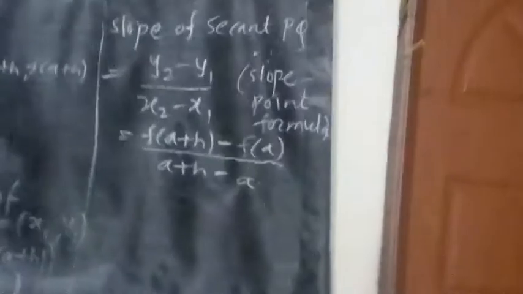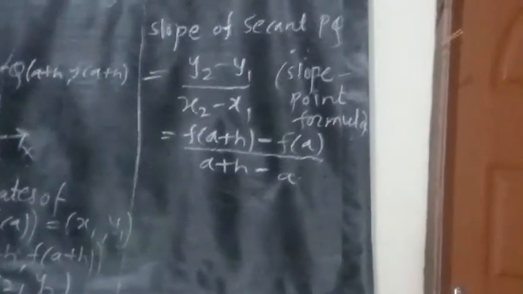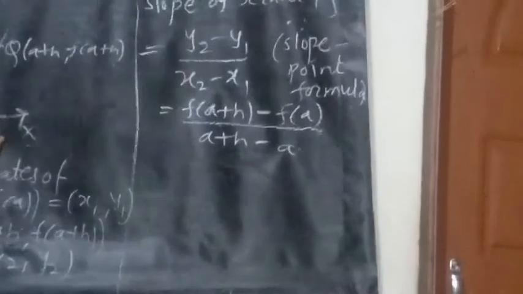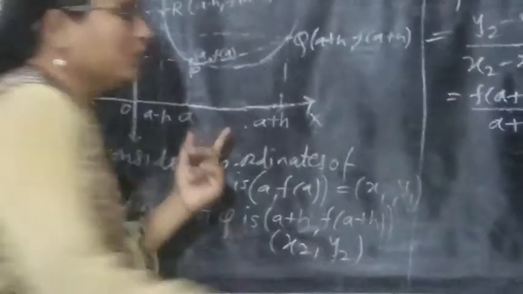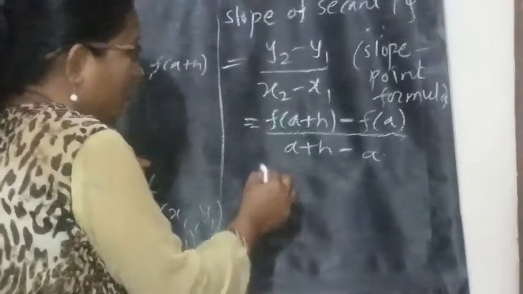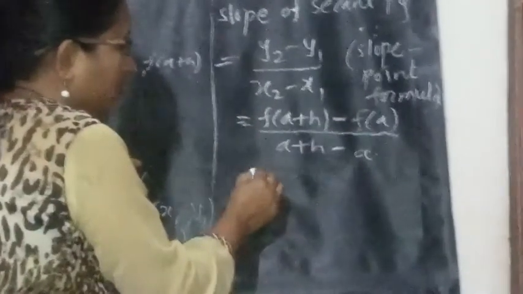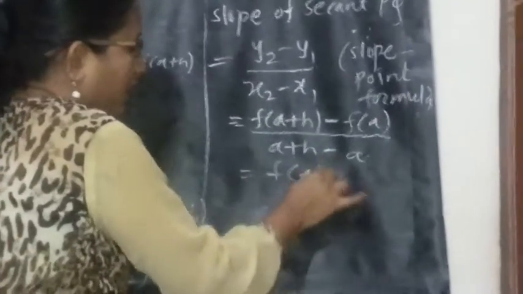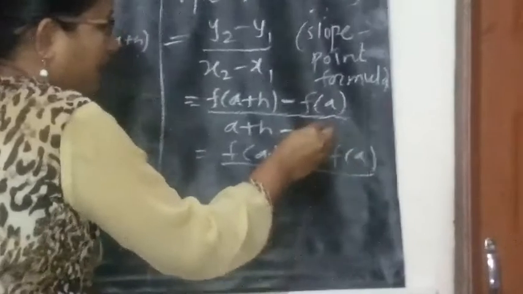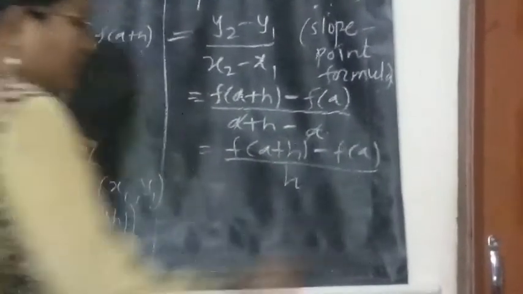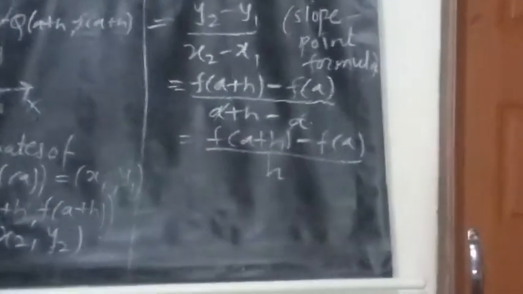But here this point A plus H comes closer to point A, and therefore we make H smaller and smaller, therefore we get H tends to 0. Therefore the slope of secant PQ, f of A plus H minus f of A upon A minus A gets cancelled, that is H, and therefore we take H tends to 0.